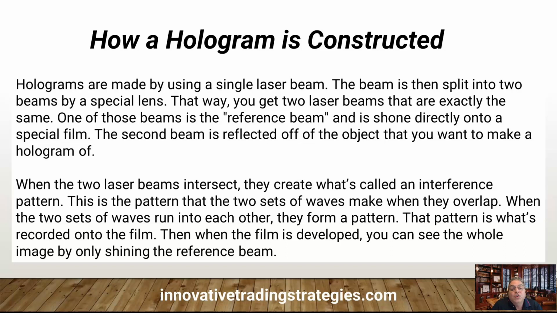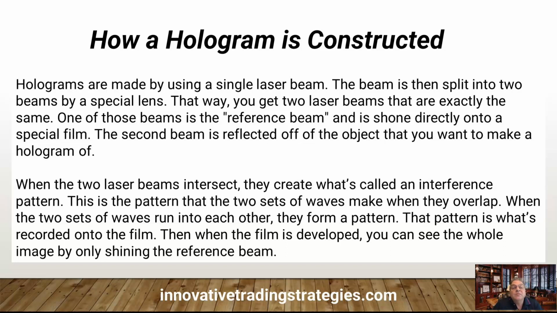That way you get two laser beams that are exactly the same. One of those beams is what we call the reference beam, and is shown directly onto a special film. The second beam is reflected off of the object that you want to make a hologram of.